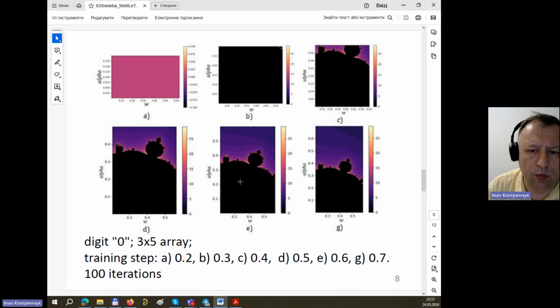Under this condition, the mode of training is described by a fractal structure for alpha equal 0.4 to 0.7. According to the obtained fractal structure in the slide, the chaotic training mode of the neural network is described by the appearance of additional smaller details on different levels.